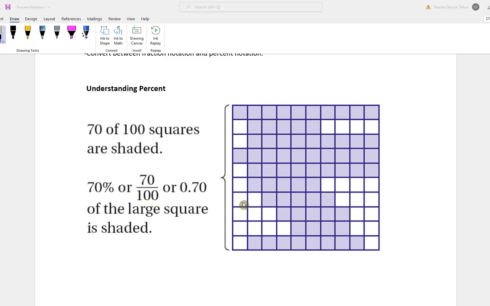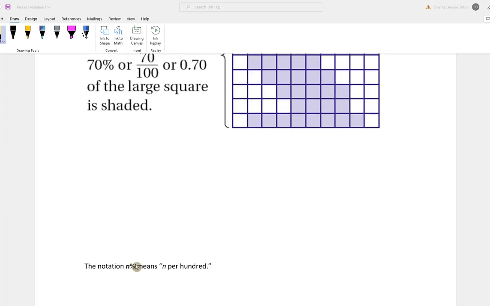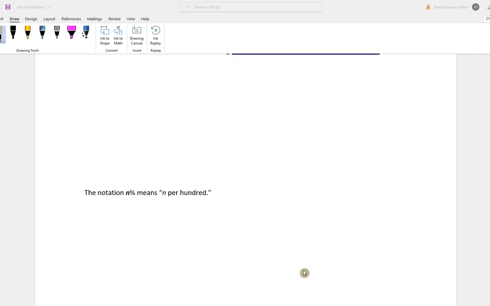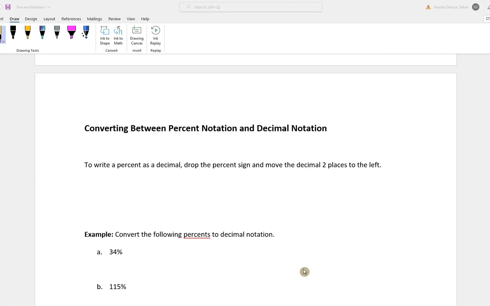That's 70%. You can also write it as a decimal, which is 0.7. So the notation in percent means n per 100.